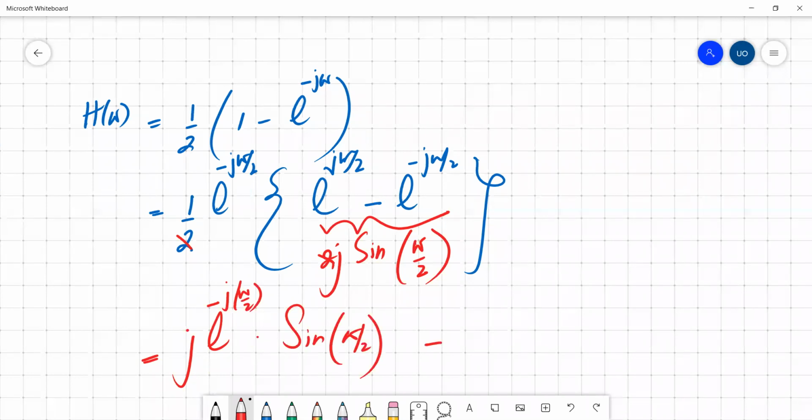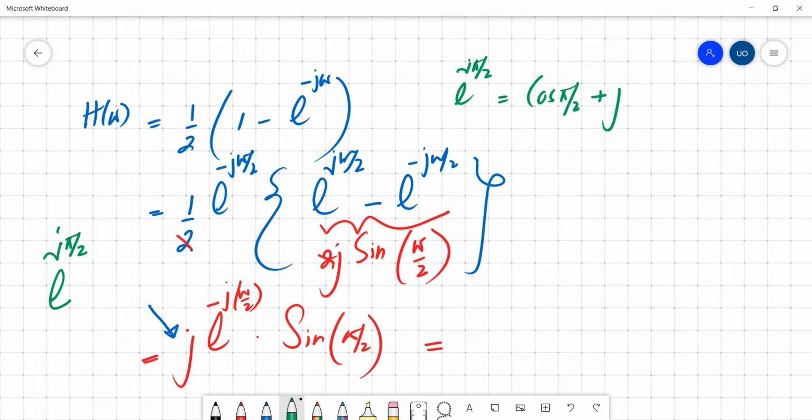If you further simplify, if you remember, when you have j terms in the expression, we learned that we can replace these j terms to make them a phase. e to the power j pi by 2 is cos pi by 2 plus j sine pi by 2.